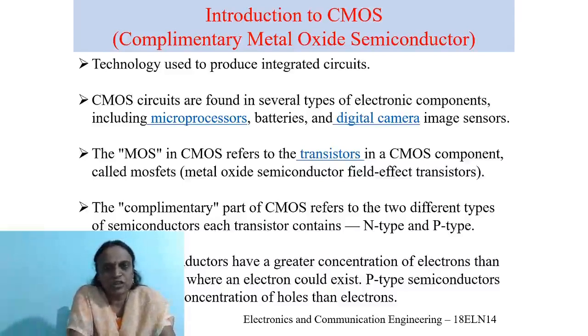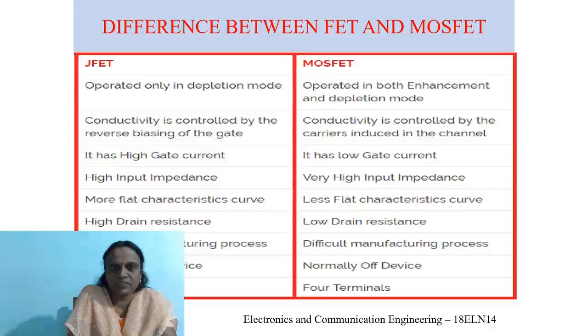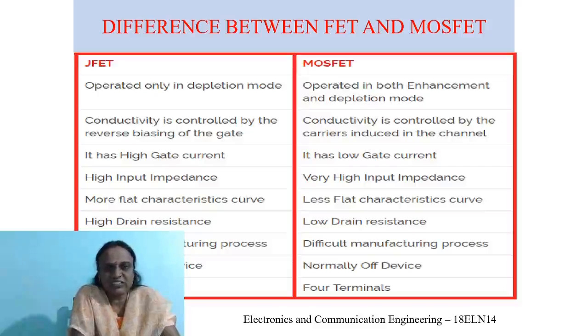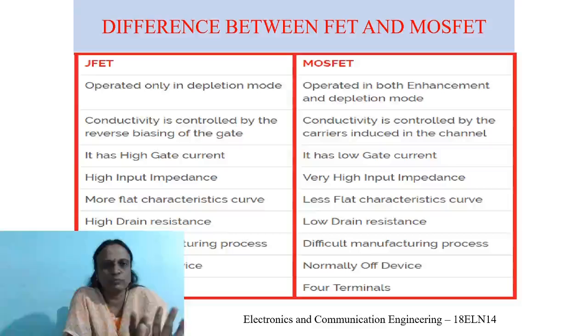Some of you may ask why the input impedance is very high in a JFET. The basic JFET is like a diode, which has the input. Like the basic FET, it has a diode-like input.